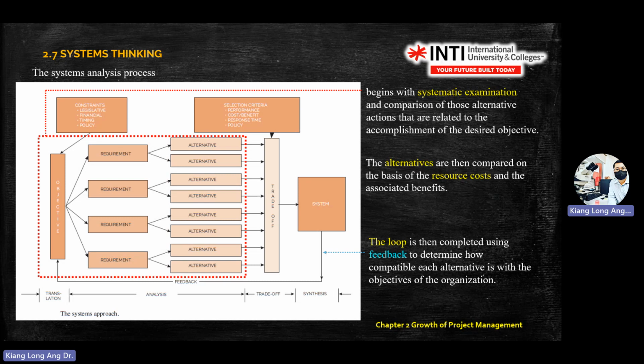You need to close the system by giving feedback to a new project or so on. So there's a feedback system. When you do your FYP later, FYP 1, you need to have a design or experiment. You will also see there's a flow chart. So make sure your flow chart is a closed loop.